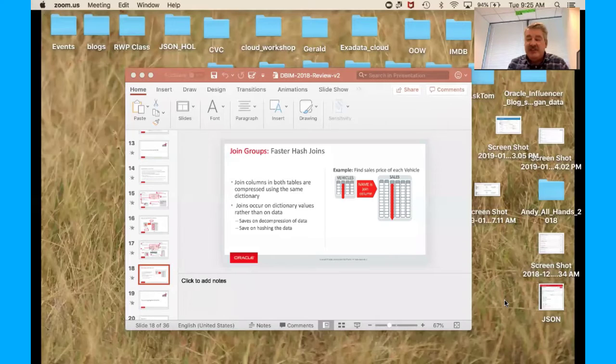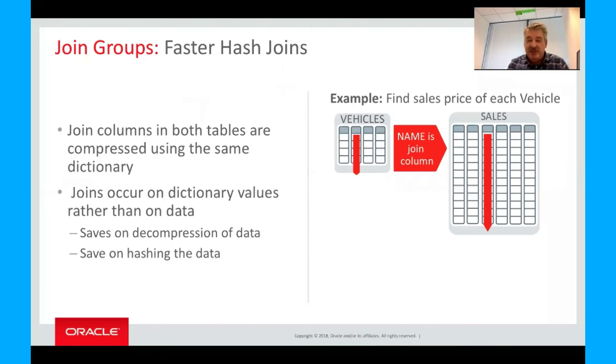And so a join group can save a significant amount of CPU time spent joining multiple columns or multiple tables that we know are commonly joined together. That's essentially what a join group does. It saves on decompression of the data, but really saves on hashing of the data, because now we don't have to hash it. We've pre-hashed that data, if you will, to make that hash join go even faster.